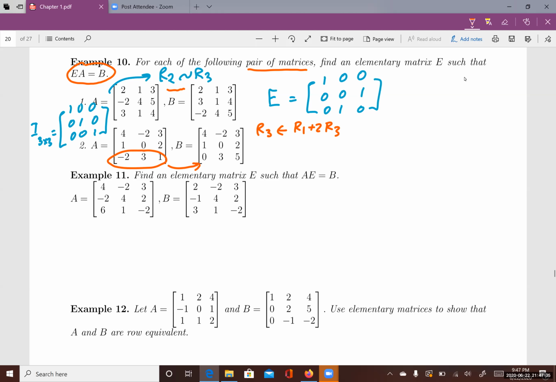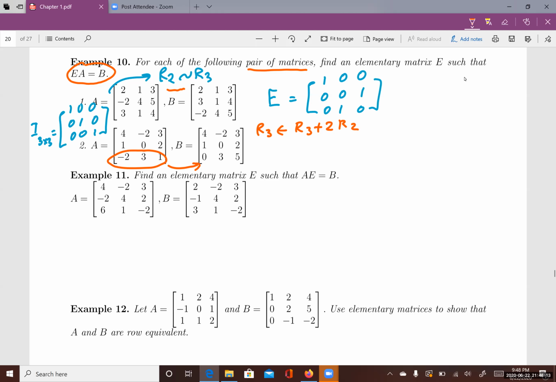Check: 2 times 3 is 6, so -2 plus 6 is 4, not 3. So it doesn't work. Another option is you take row 3 plus 2 row 2, because -2 plus 2 times 1 is 0.